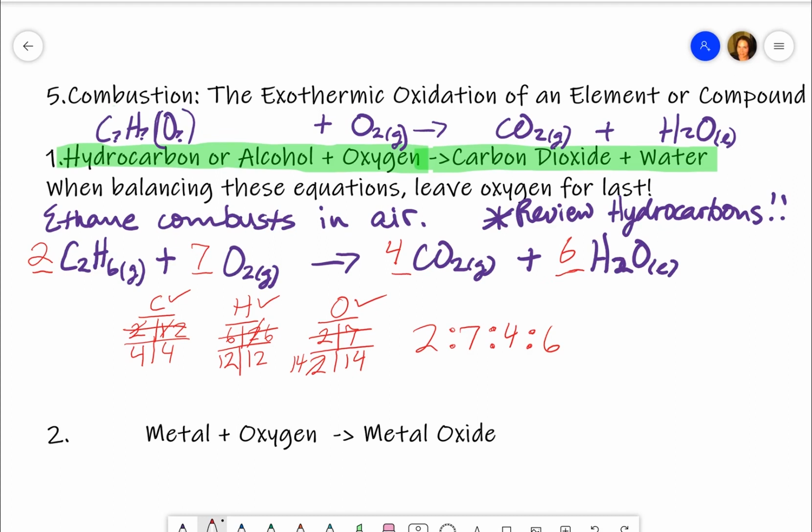If it were 2, 6, 4, 6, I could reduce all those by dividing by 2. But since this is the lowest whole number ratio, I can't reduce this anymore. So that will come back to bite you sometimes with combustion, so just be careful, okay?